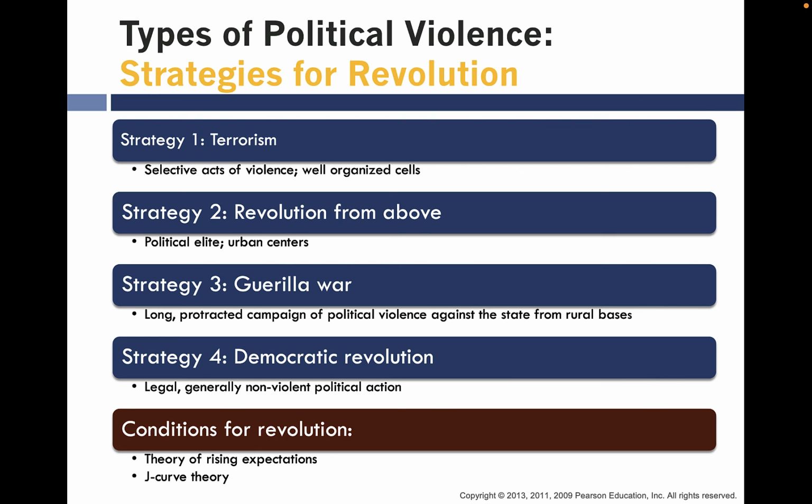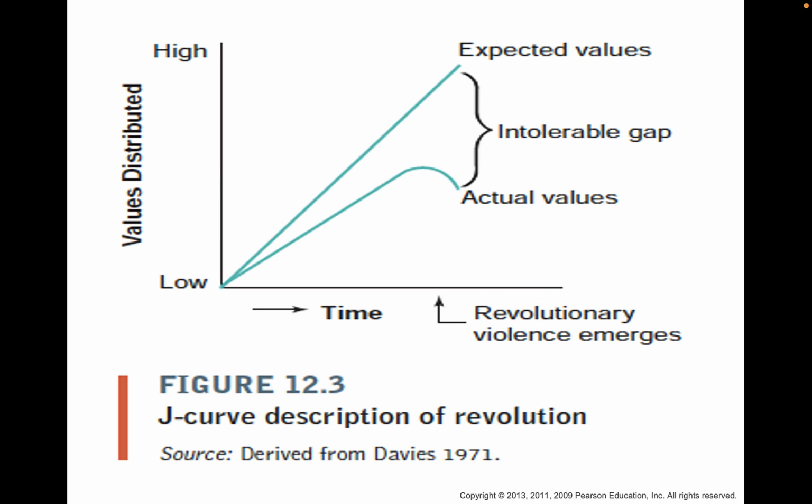And now some of the conditions and theories that play into the rising expectations of a revolution: the J curve theory. Basically, what the J curve theory says is that James Davies, a sociologist in 1962, introduced a belief that persistent economic growth and advance lead to the development of psychological expectations that things will continue to improve.